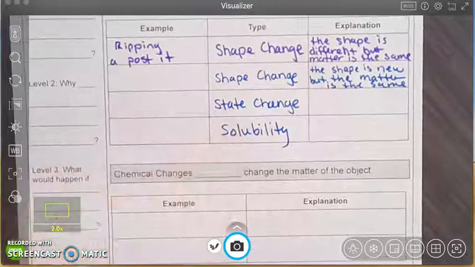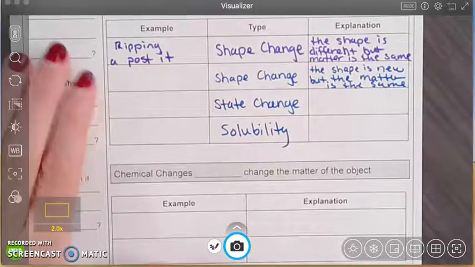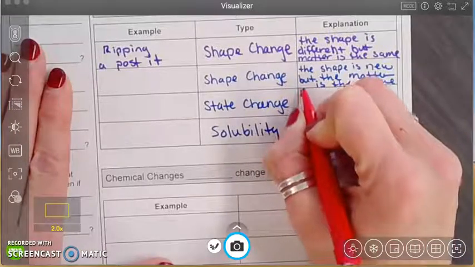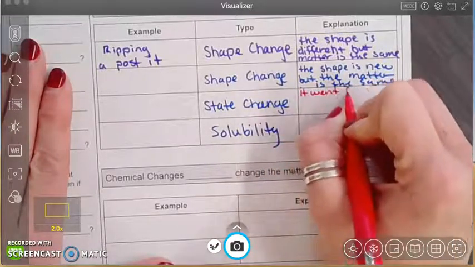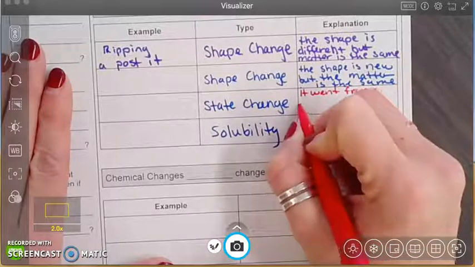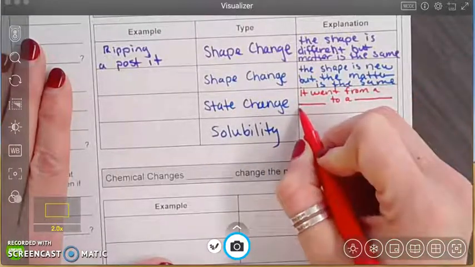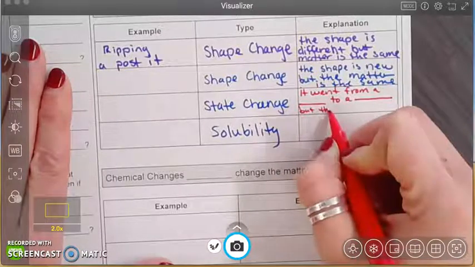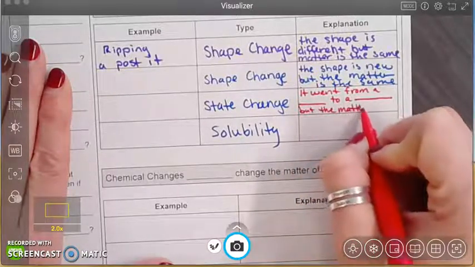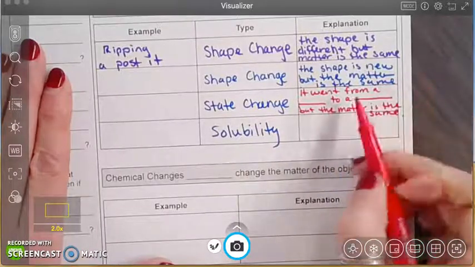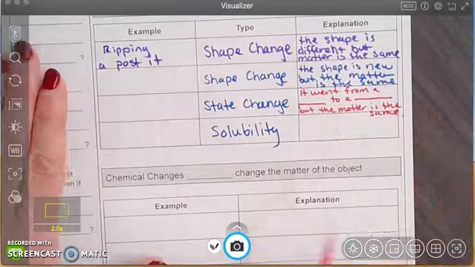And for the state change explanation, I want you to say, and hopefully you did this, that it went from a blank to a blank. I'll tell you what I want there in a minute. But the matter is the same. On these two blanks, I want you to tell me what states.